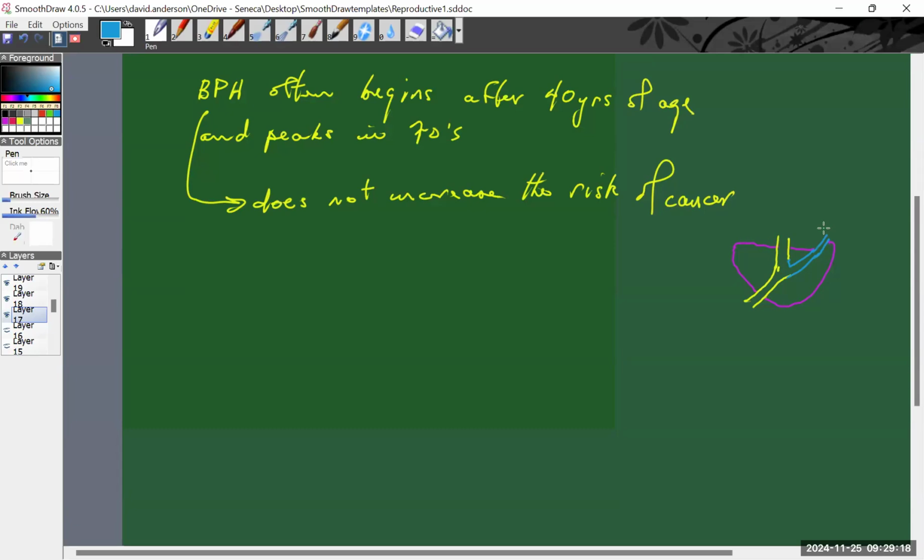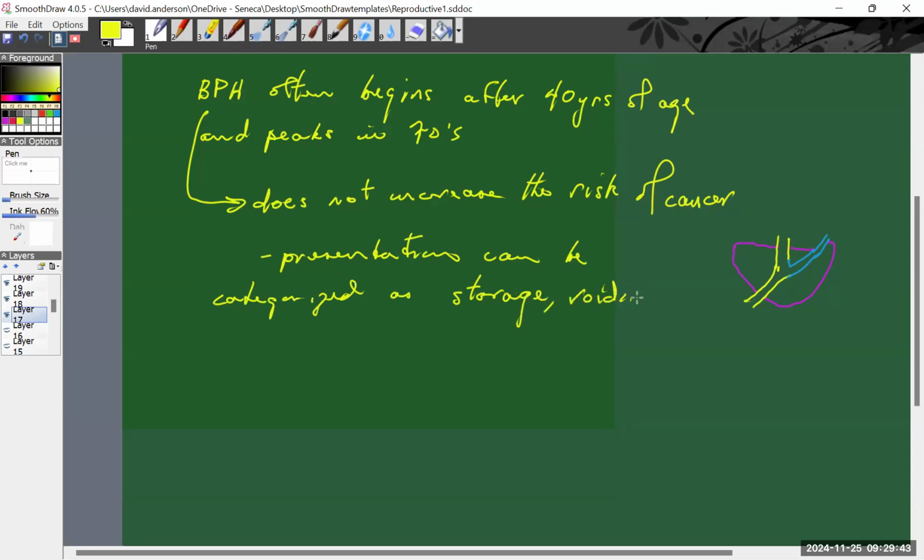So basically, we can divide the presentation as storage, voiding, and after. In other words, pre, intra, and post.